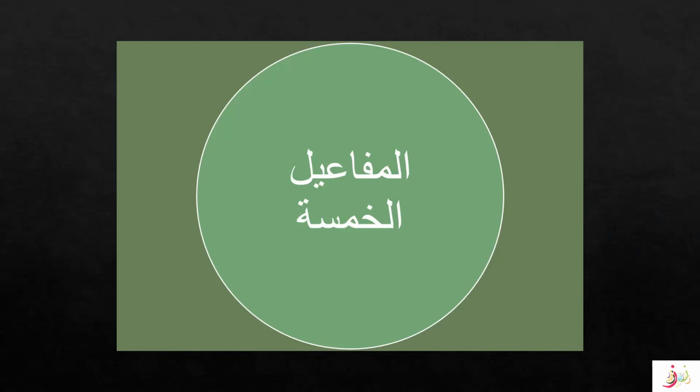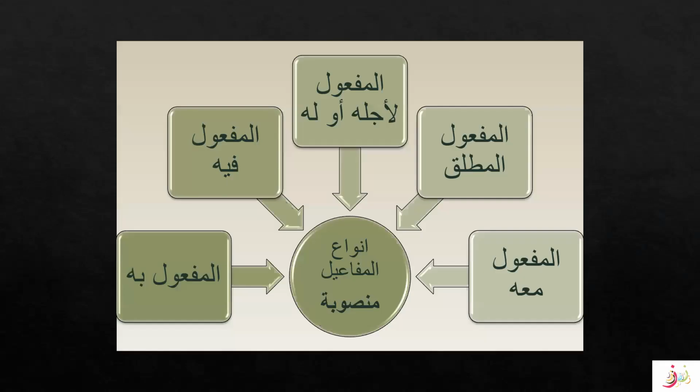So here we are going to learn about five types of maf'ul, inshallah. We know that there are five types. So what are these five types of maf'ul? I mentioned that all the maf'uls are details, so they are always mansoob.